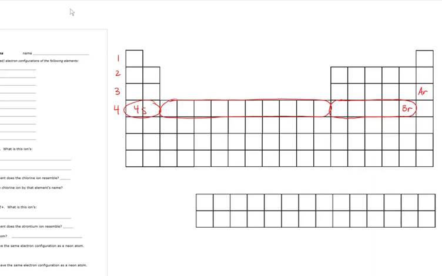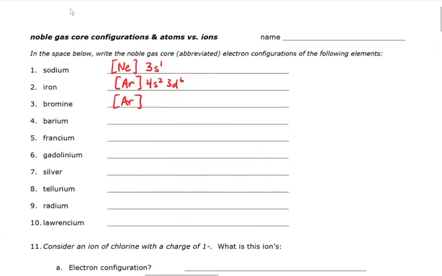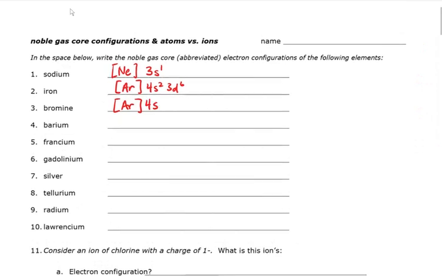Argon has 18, plus 2 in the 4s, plus 3d10, plus 4p5. That would make bromine 35 electrons total. Argon's 18 plus 17 in addition. So for bromine, we go with an argon core. In addition to that, we have 4s2, all the 3d sublevel filled in, and then 4p with 5 electrons for a total of 35. Okay.